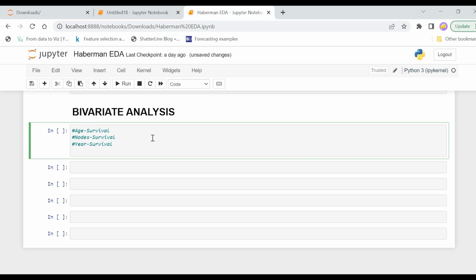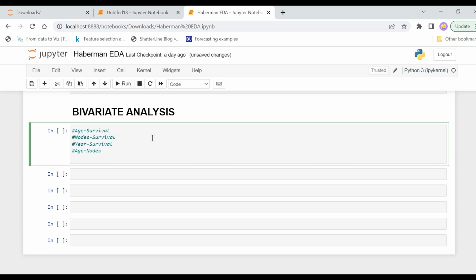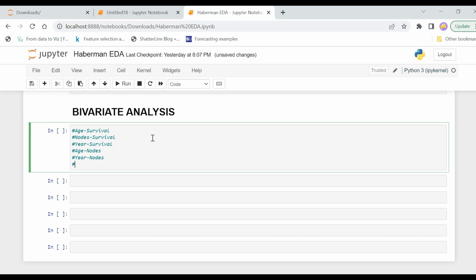These are the 3. Then we can do age and nodes, then year and nodes, then age and year.